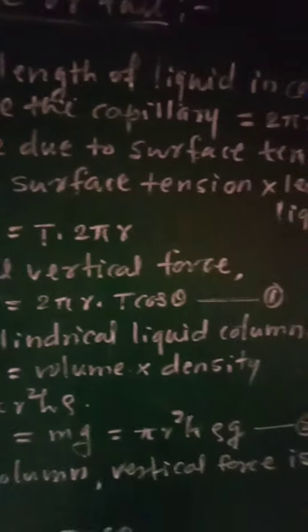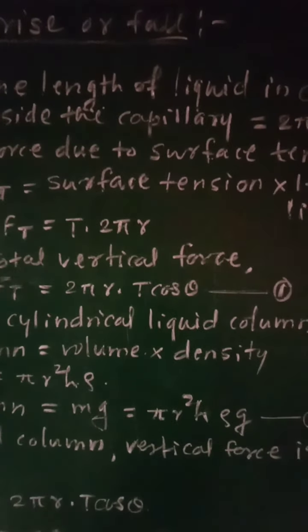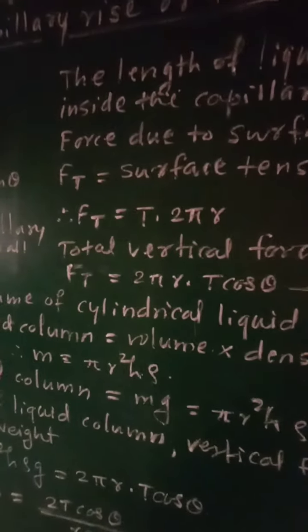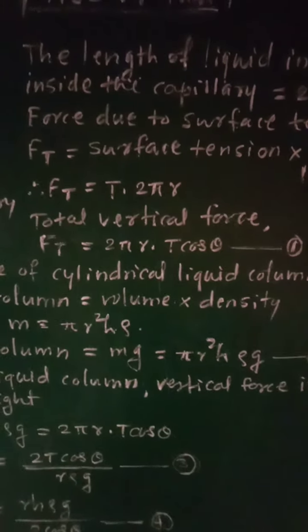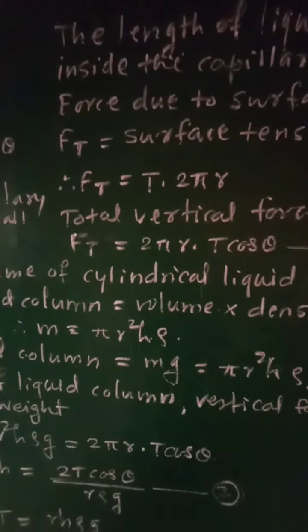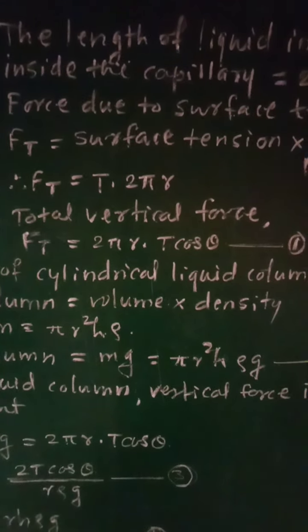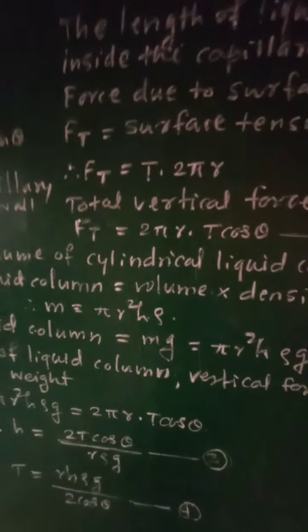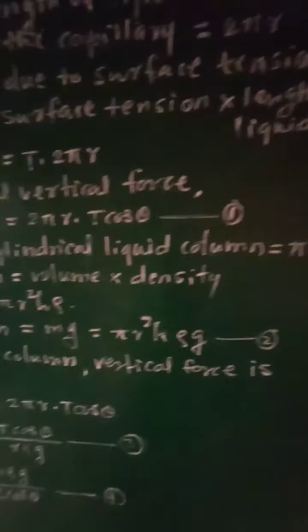Then force due to surface tension, Ft, will be equal to surface tension into length of the liquid, and that is Ft equal to T into 2 pi r. Therefore, the total vertical force will be equal to circumference into T cos theta, and therefore Ft is equal to 2 pi r into T cos theta, equation number 1.